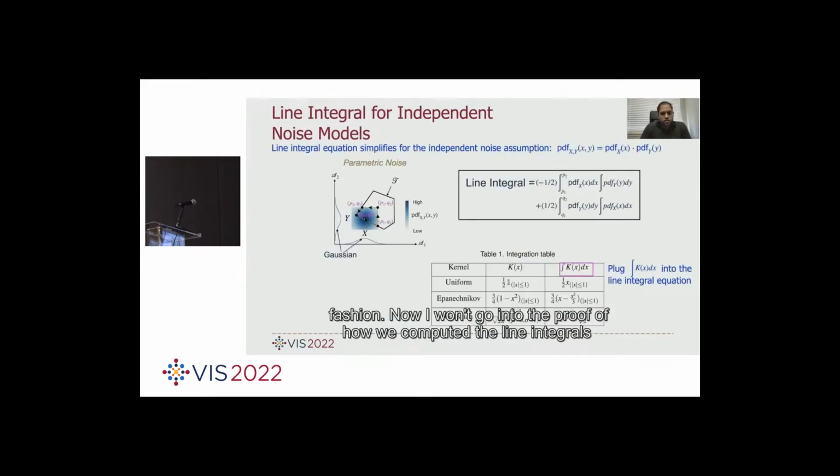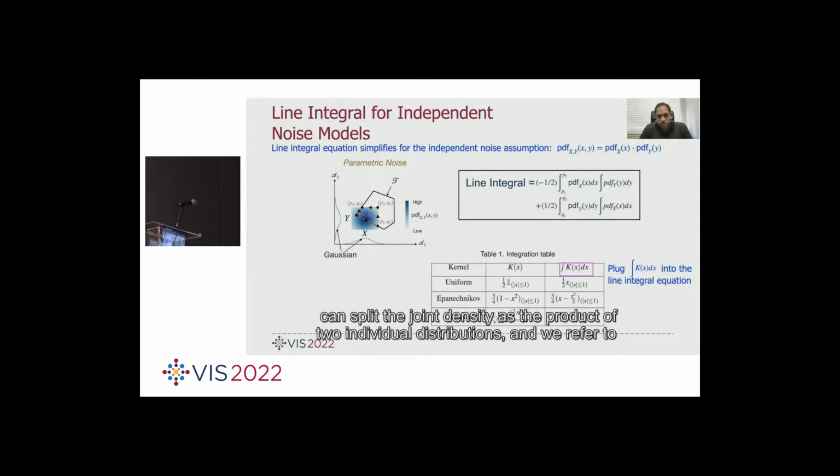Now I won't go into the proof of how we computed the line integrals for the Green's theorem, but for that please refer to our paper. But I would like to point out that the line integral equation simplifies for the independent noise assumption because we can split the joint density as the product of two individual distributions.